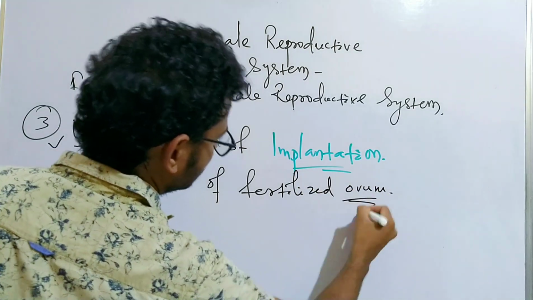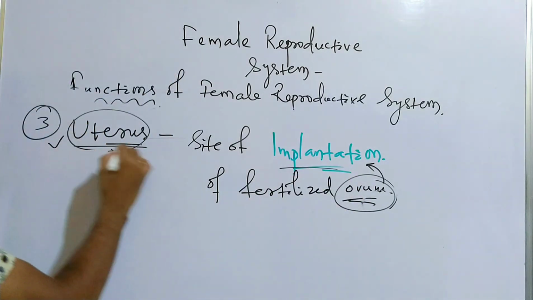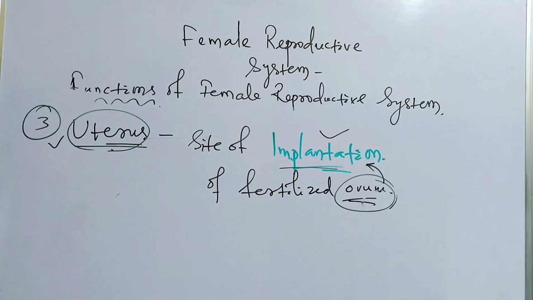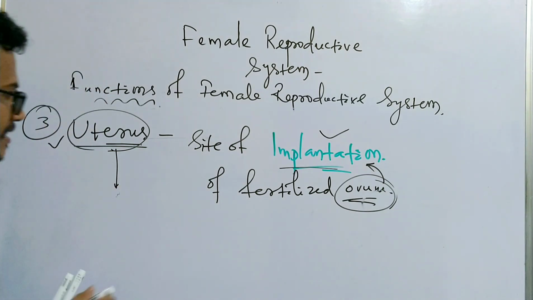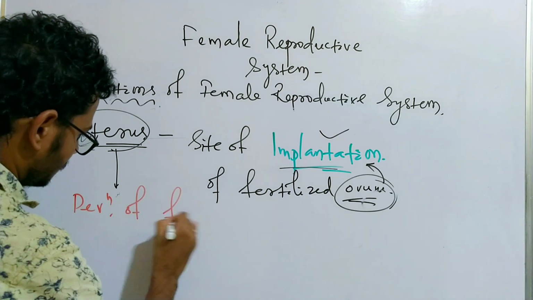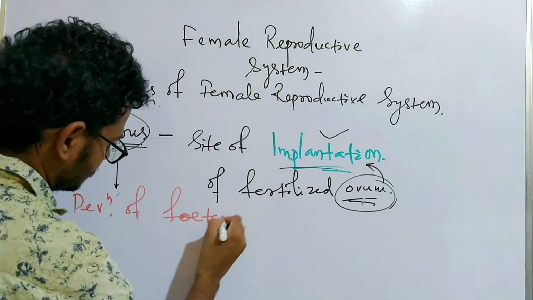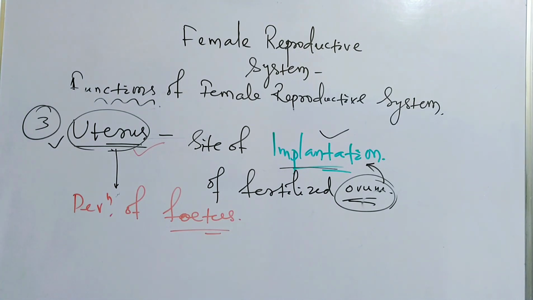After fertilization, the ovum gets attached to the wall of the uterus, which we call implantation. Development of the fetus during pregnancy also takes place here in the uterus.